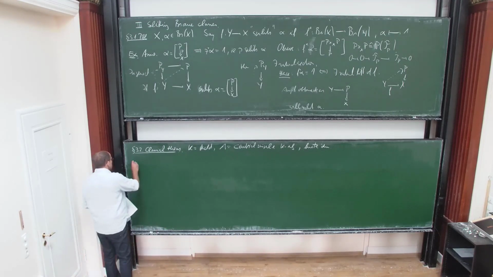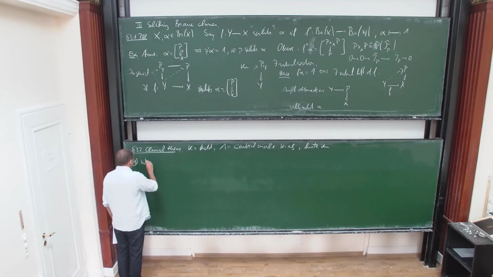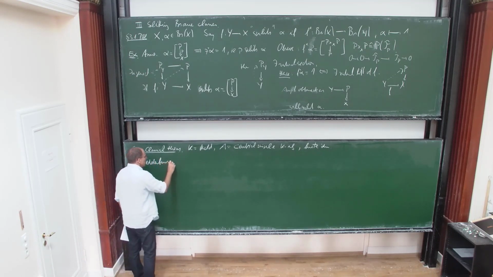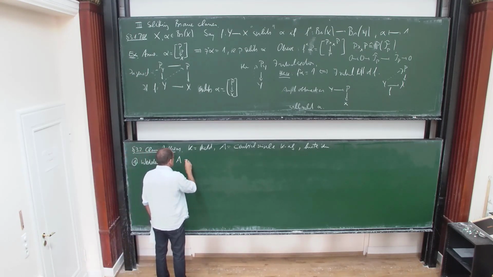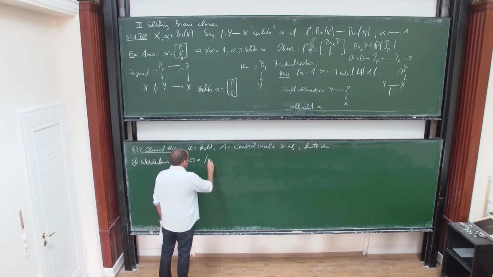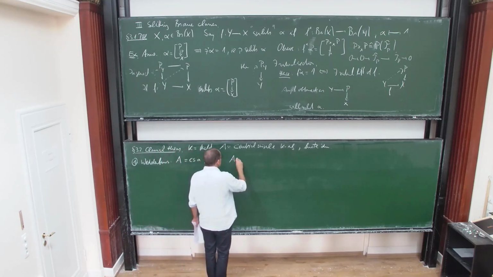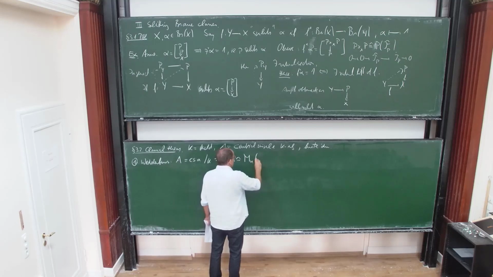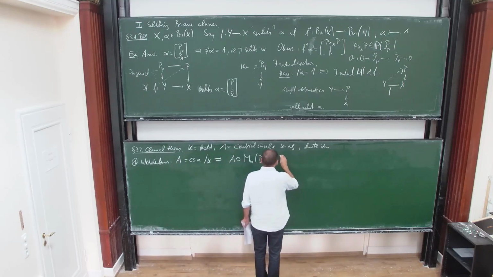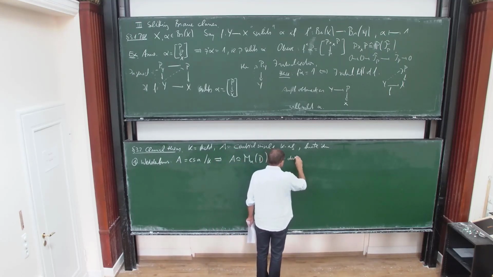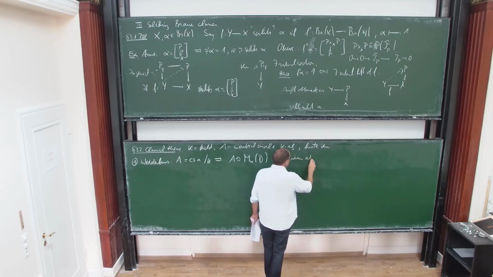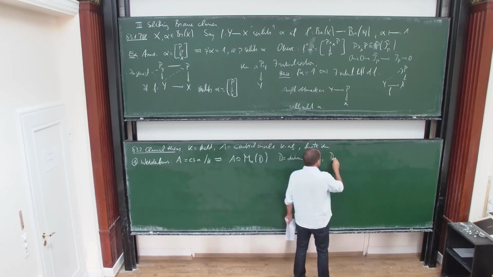Okay, so what's the first result we learn about these things? This is Wedderburn's theorem, that says if A is a central simple algebra over K, then A is in fact a matrix algebra over some division algebra D. And moreover, D is unique.